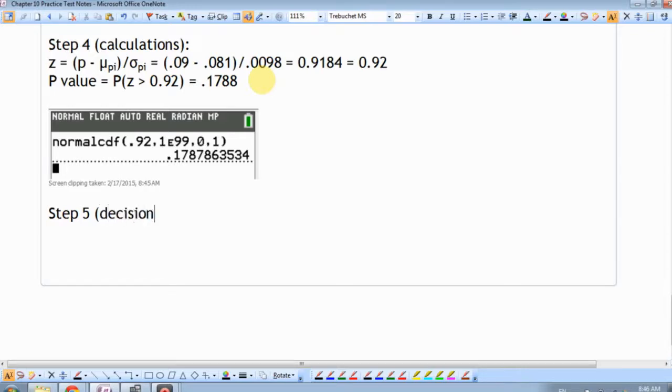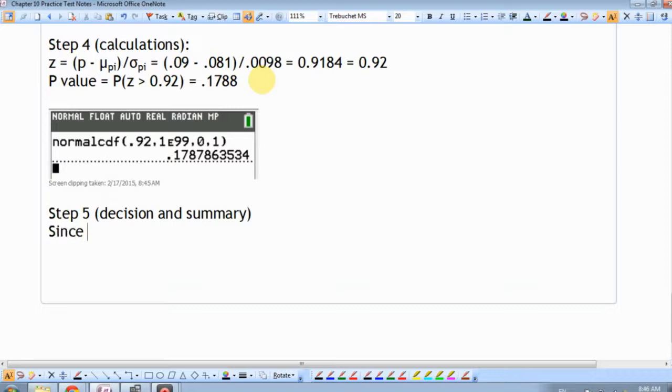Decision and summary. Since the p-value is greater than alpha, we fail to reject the null hypothesis.